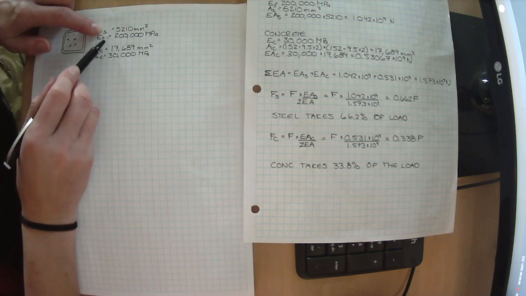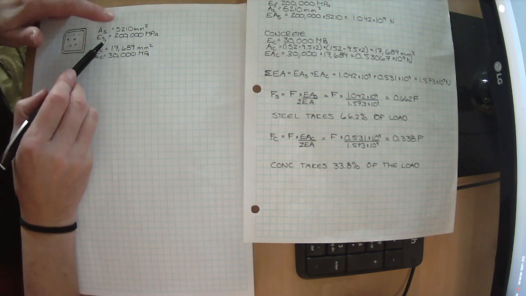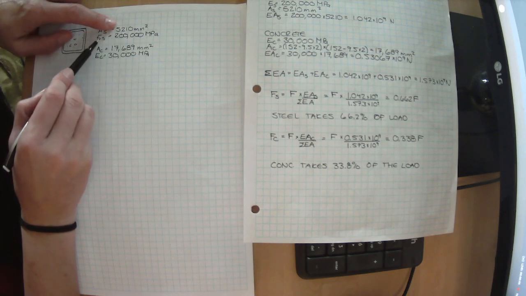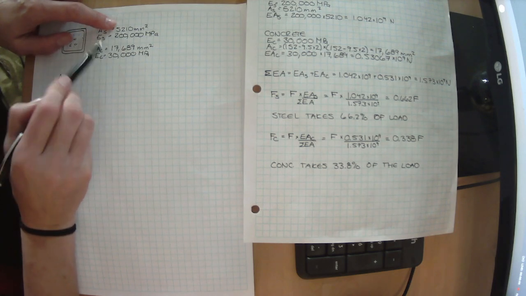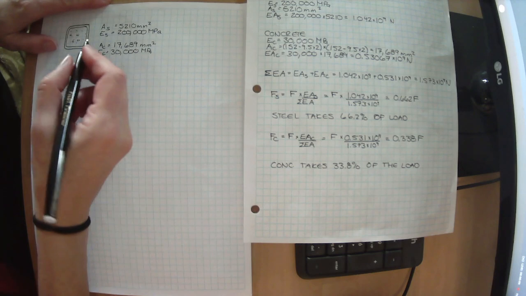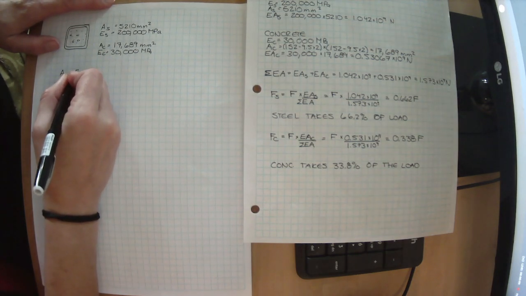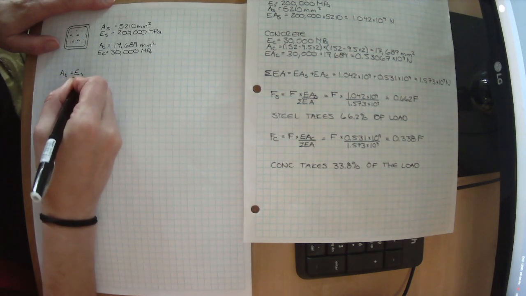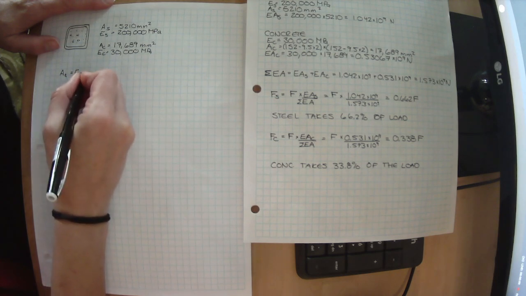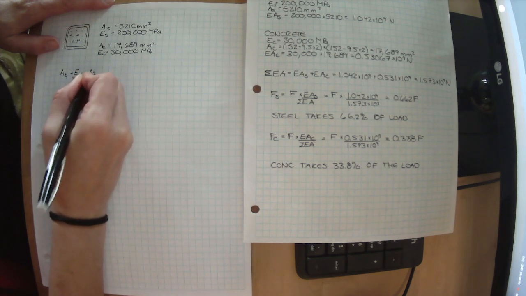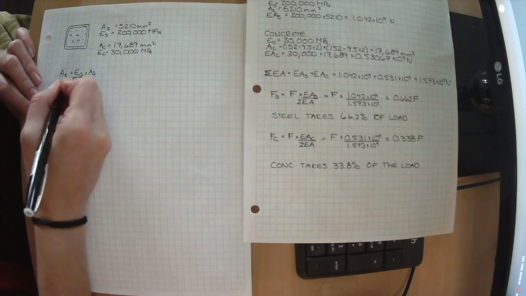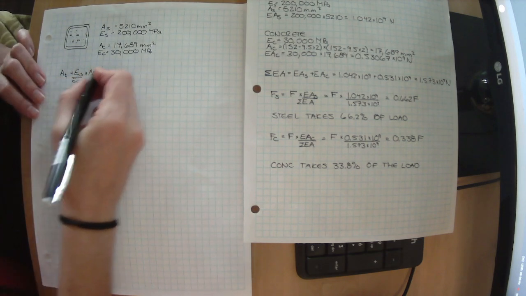So this is what the area is with this stiffness. What area would that be if we transformed the stiffness of the steel into concrete? So that's essentially what we're doing here. We're saying that the E of the steel divided by the E of the concrete times the A of the steel is us transforming the steel into concrete.